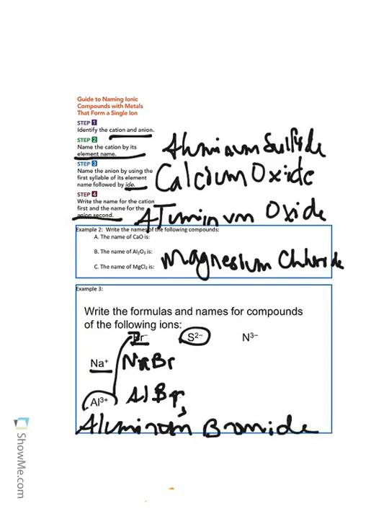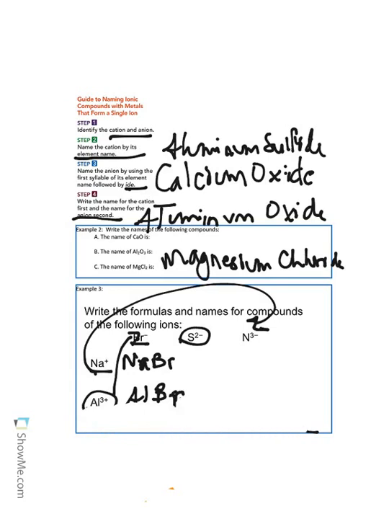Okay, let's look at pairing sodium and nitrogen. Sodium is a +1. Nitrogen is a -3. We can see immediately that we're going to need more sodiums. And it looks to me like we're going to need 3 of them.